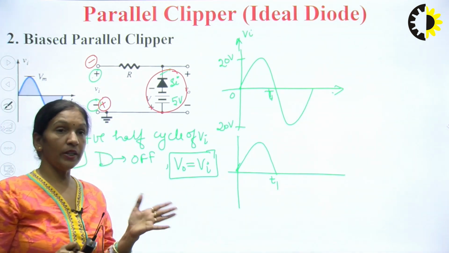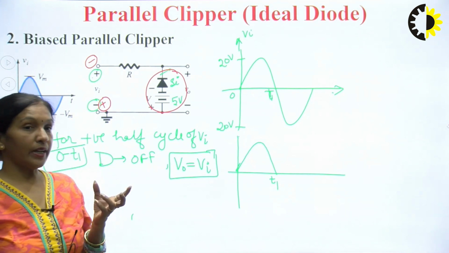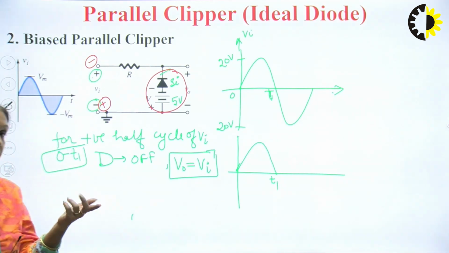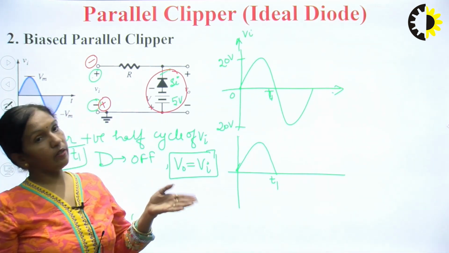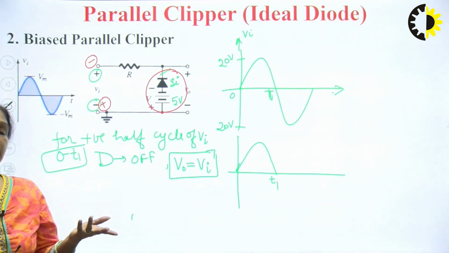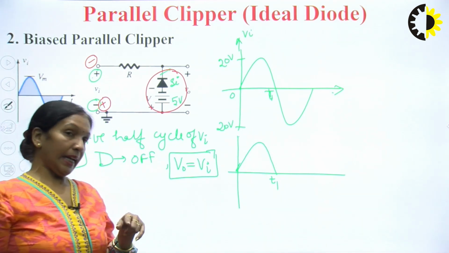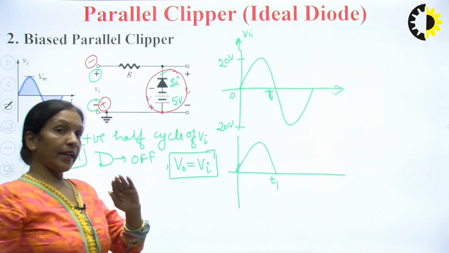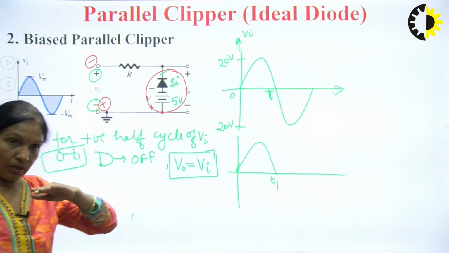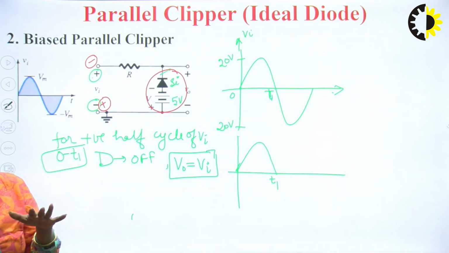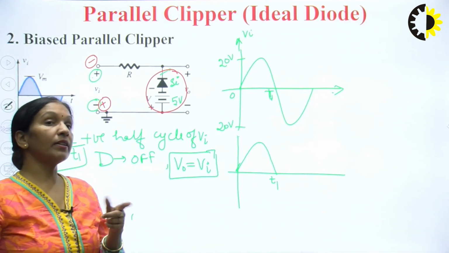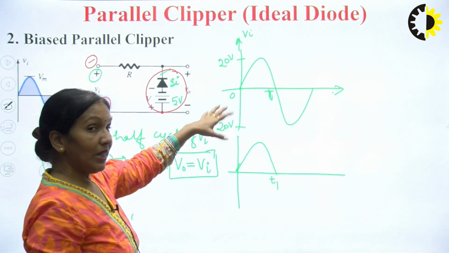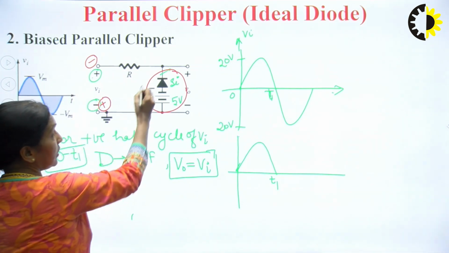What is transition voltage? Transition voltage is the voltage when your diode changes its state. That means if it is on and it goes to the off state, or off to on state. So whenever it transits from one state to another state, that voltage we call the transition voltage.